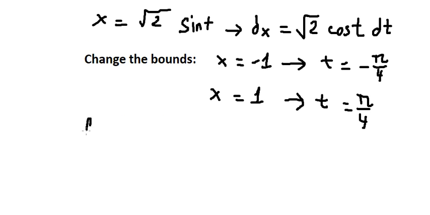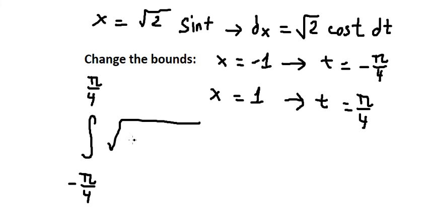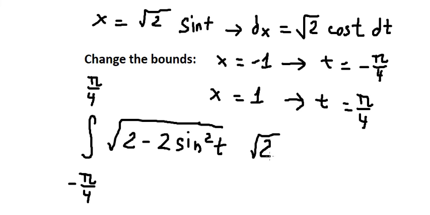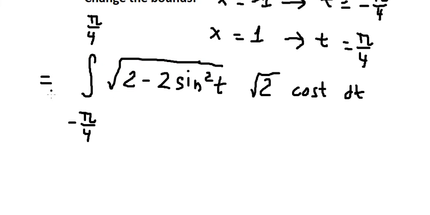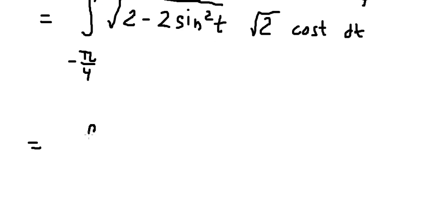And now we have the integration from negative pi over 4 to positive pi over 4. And now we have the square root of 2 minus 2 sine squared t. This one we have the square root of 2 cosine t dt. Now 2 and 2 we can do factorization.